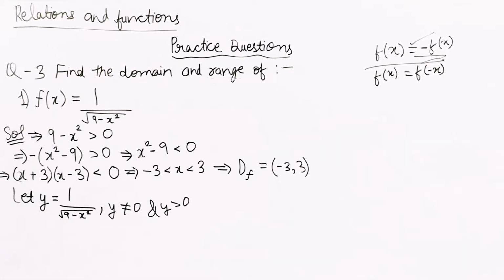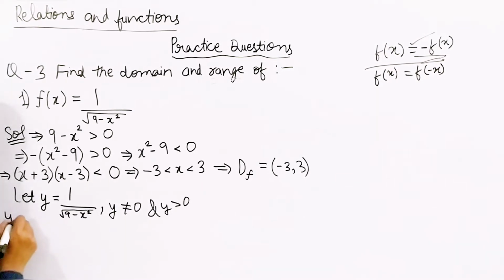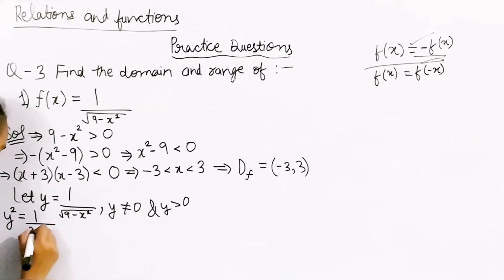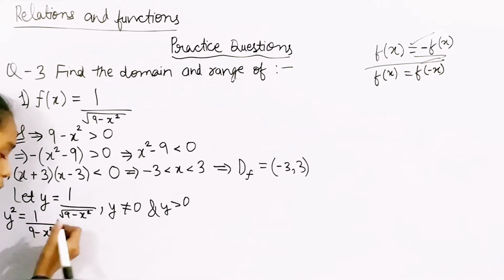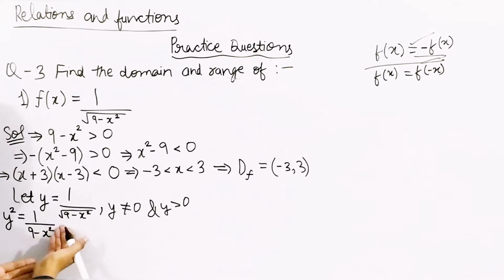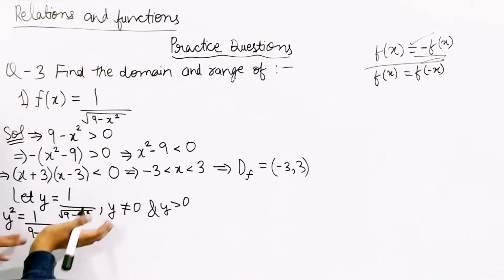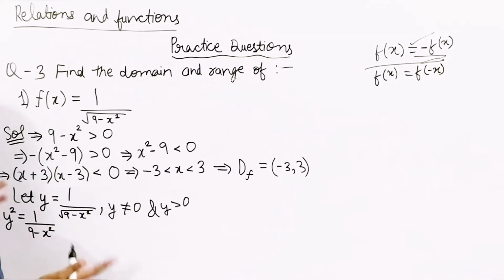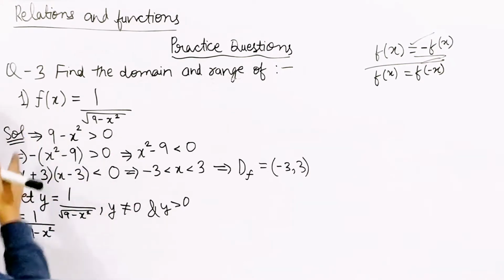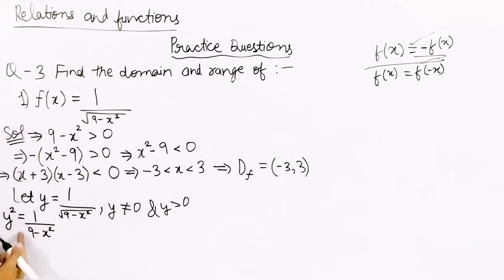If I write it this way, y squared is equal to 1 upon 9 minus x squared. What I did, I just removed the square root and moved it to the left hand side, so I got y squared is equal to 1 upon 9 minus x squared.